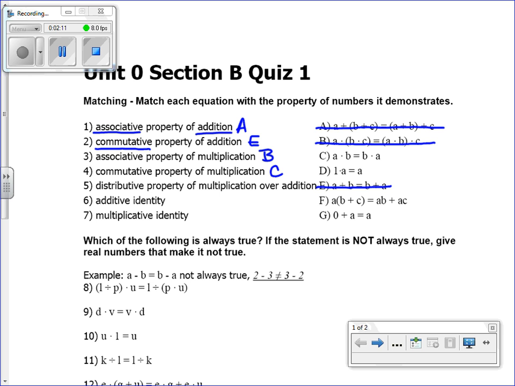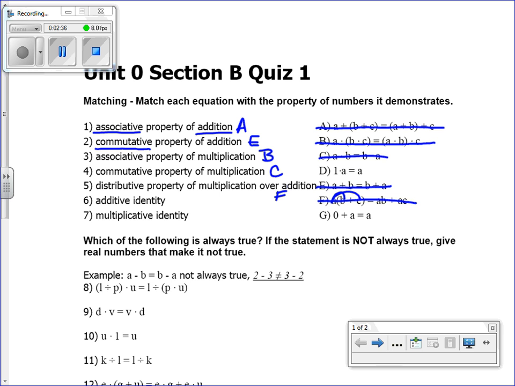Distributive property of multiplication over addition. Some of us might be wondering about that over addition. So I'm multiplying over all of the addition inside of my parentheses. So the answer for that one we'll say is F. Additive identity.